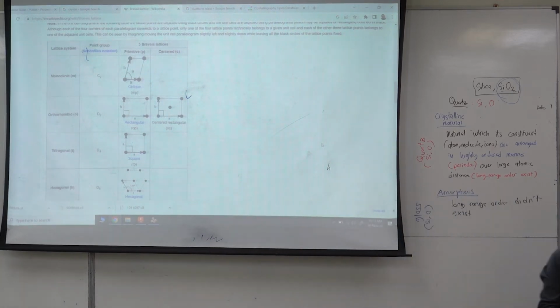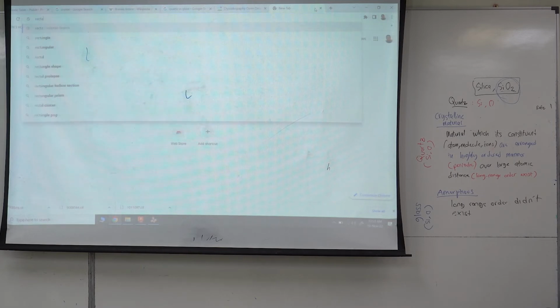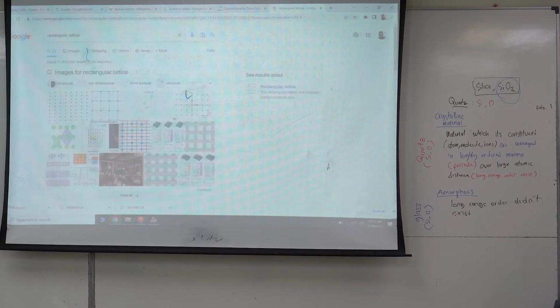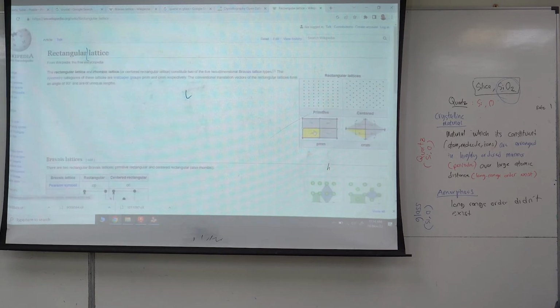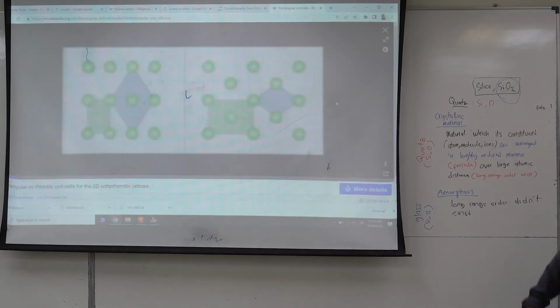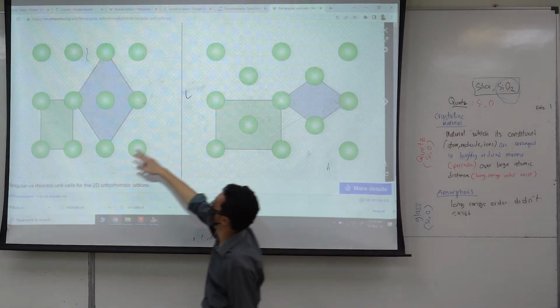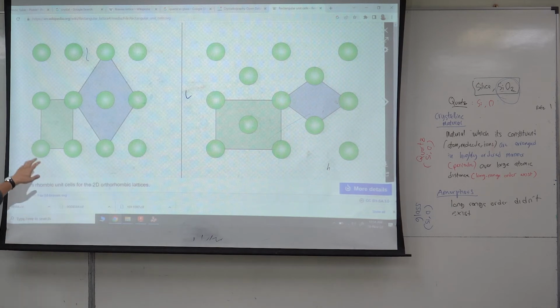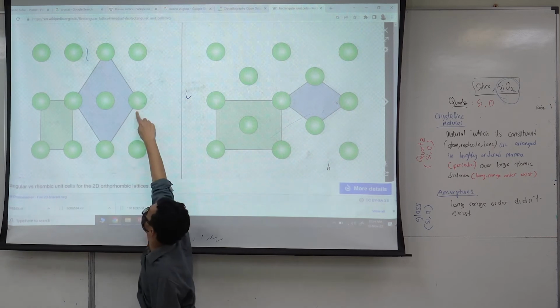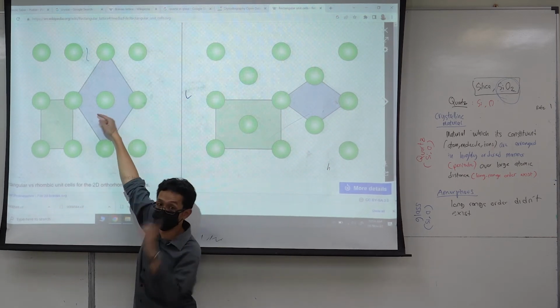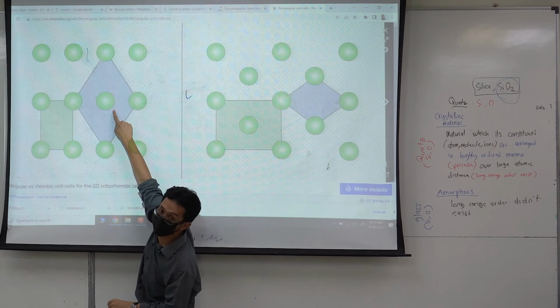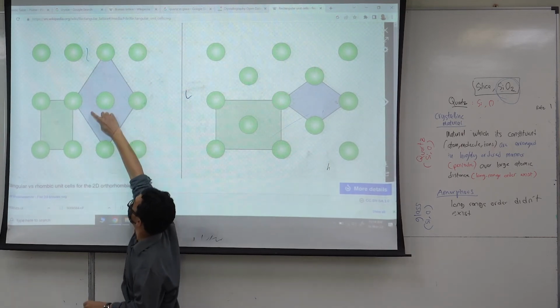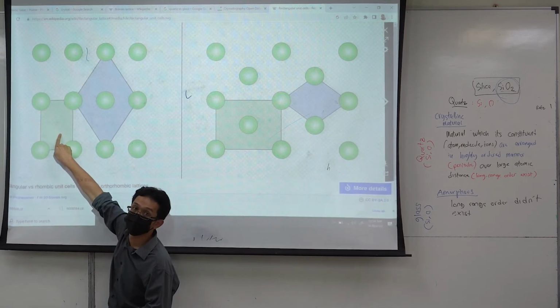The reason is, if you go to the rectangular lattice, if you look at this picture, we said before there is no center point for the parallelogram. But here there is, and you can also do it for the rectangular.